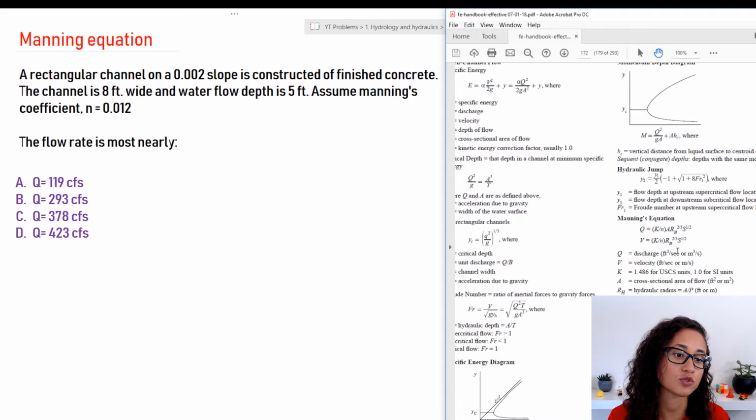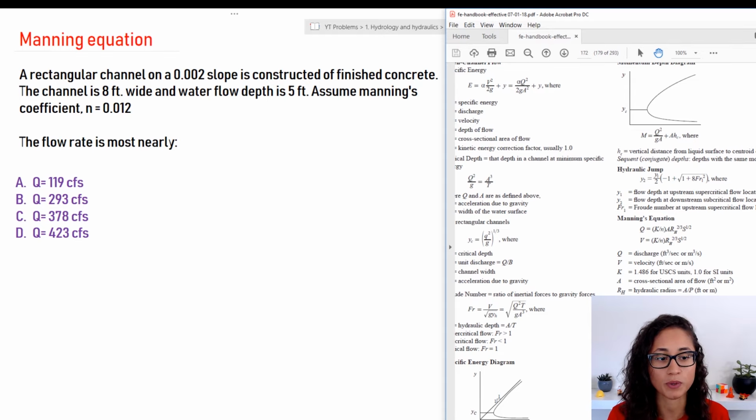So another thing to be careful with is K. If you're dealing with SI units, K is equal to 1. If you have English units, you have 1.486. N is dimensionless. Again, it's a coefficient. Hydraulic radius, we'll go over this in a little bit. The area is in meters squared or feet squared, so make sure all your units are the same.